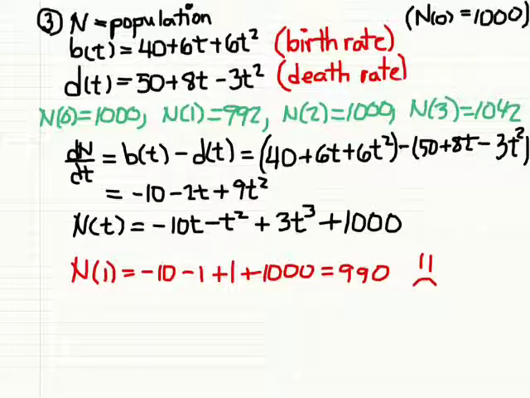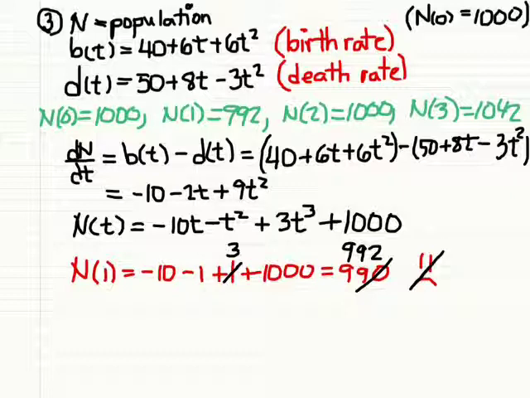Okay, so let's see what changed in our formula. That's going to actually change to a 3. And so this is now negative 11 plus 3 minus 8. Aha. We found it. Hooray!